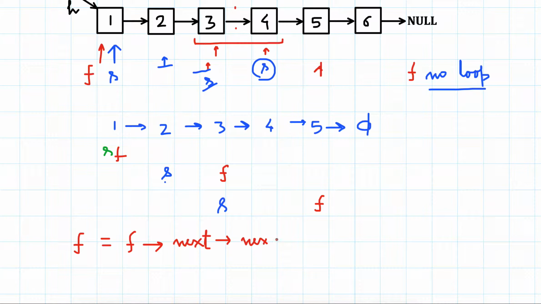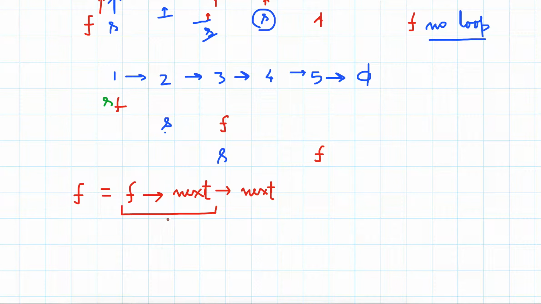So we end the loop whenever fast dot next does not exist. Otherwise, if this does not exist, then there is no point in calling its next, because this itself does not exist.